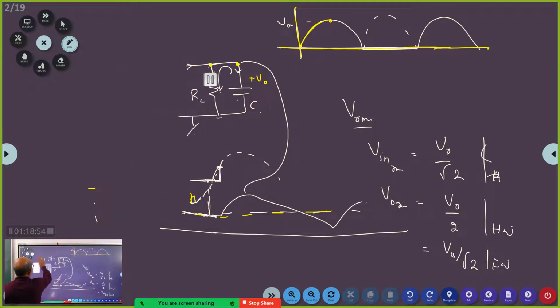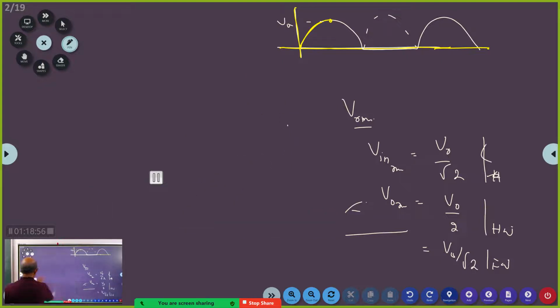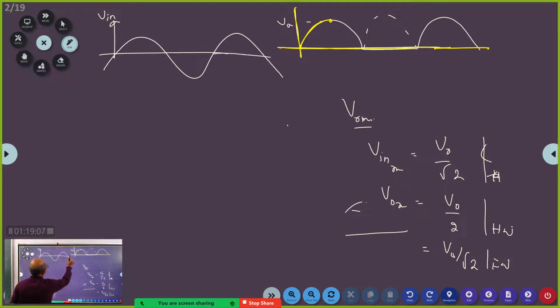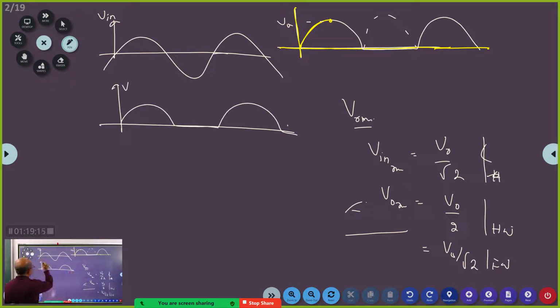See, now this is V in, and for a half wave rectifier, this is V out.